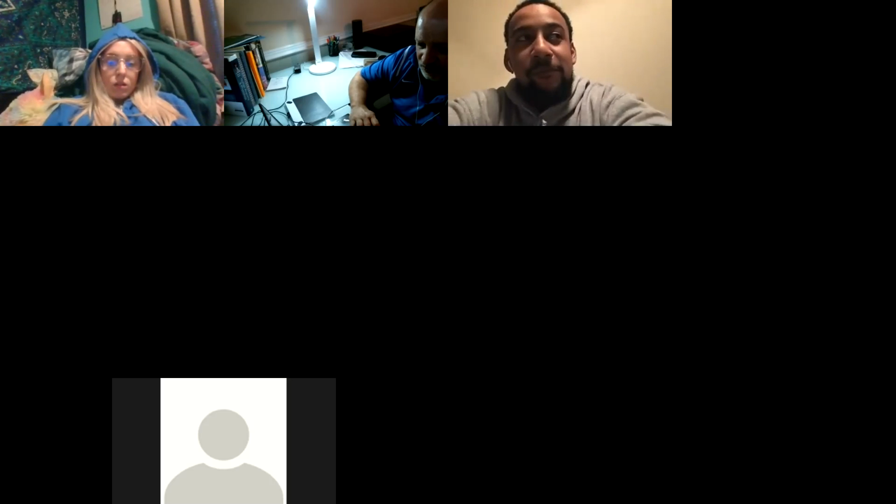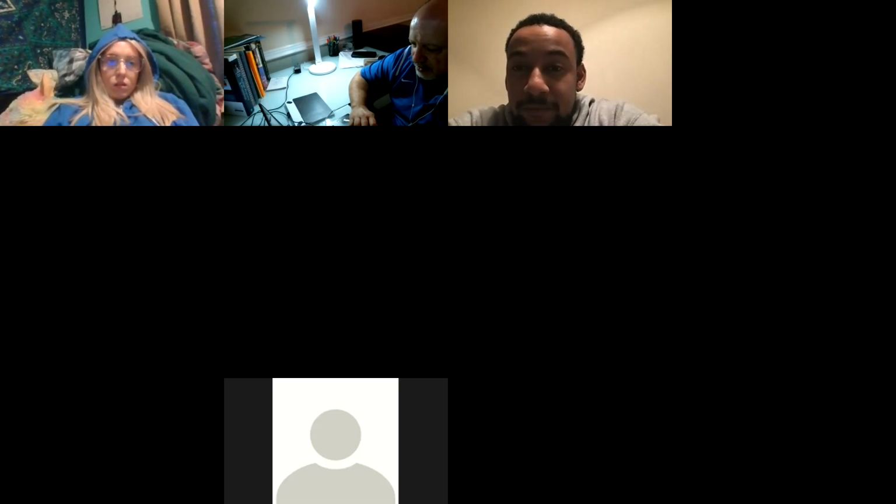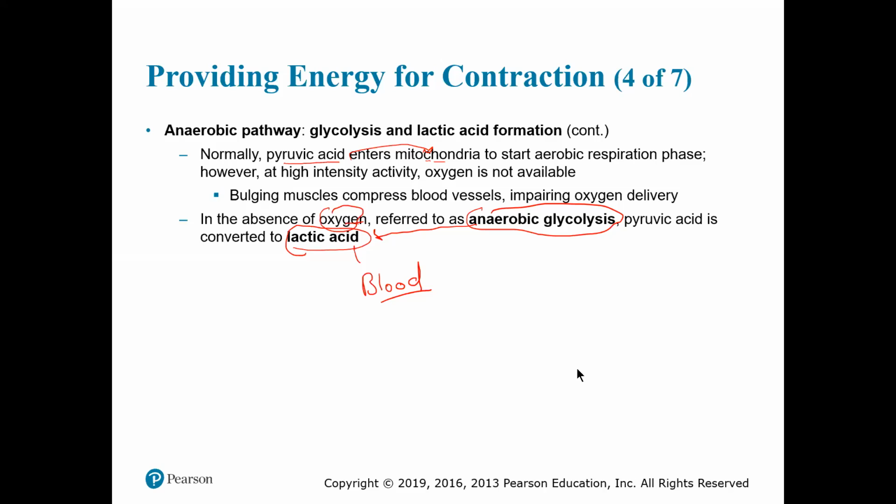So again, think about how long it takes, how much mitochondria you need, how much blood supply you need, how much glucose you're going to need, because glucose starts the whole process. It starts out as anaerobic, and then it's the breakdown of glycolysis used for aerobic. So that's really a big concept there that you have to get.